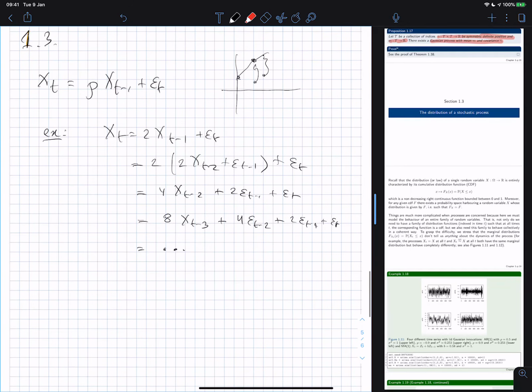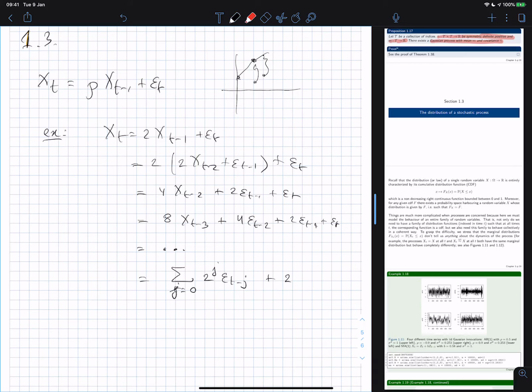This is in fact equal to the sum for j going from 0 to n of 2 to the power j epsilon_{t-j} plus 2 to the power n x_{t-n}.